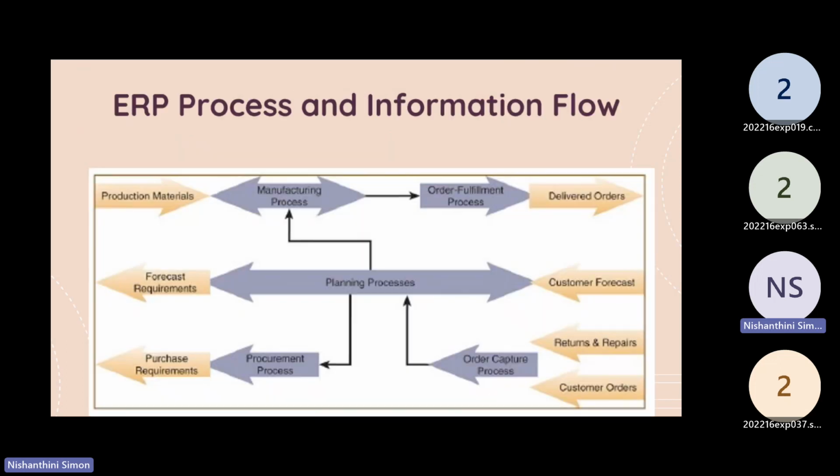So here is just an information flow diagram. How does this resource planning happen? So now we are going to look at the information flow in an ERP. Can you find where the information flow is starting from? Where the diagram starts?